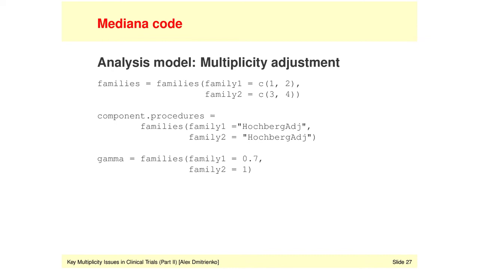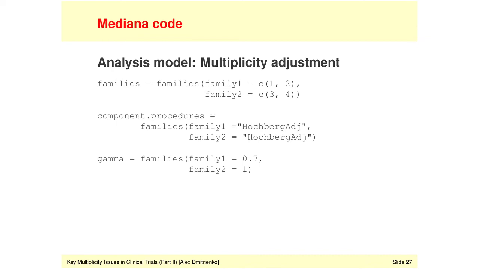Using the component procedures object, we're going to specify the component procedures. The primary hypothesis will be tested using the Hochberg procedure, and the Hochberg procedure will also be applied to the secondary family. The difference here, of course, is that in the primary family, we're going to utilize a truncated version of the Hochberg procedure, and to specify this, we need to define the gamma object.